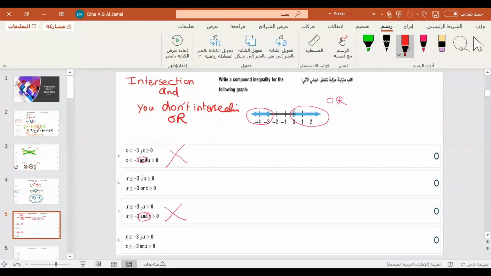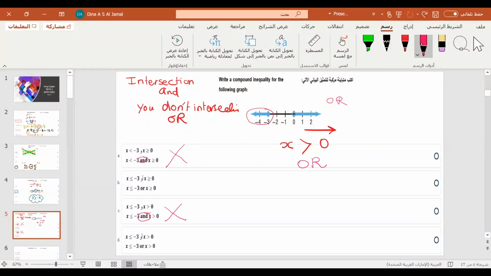So now what else? What you need to do is start comparing. You would like your x to be on the right side, on values bigger than 0, but I'm having an open circle, that means it's not equal to 0.